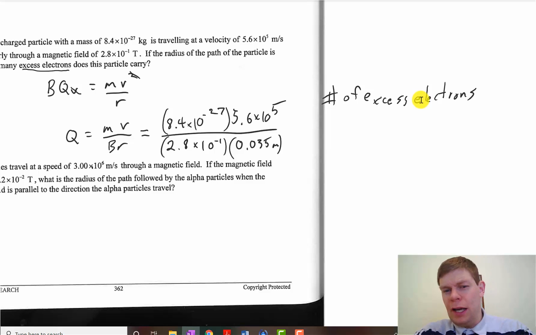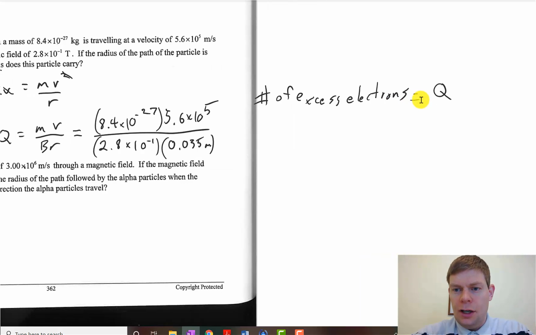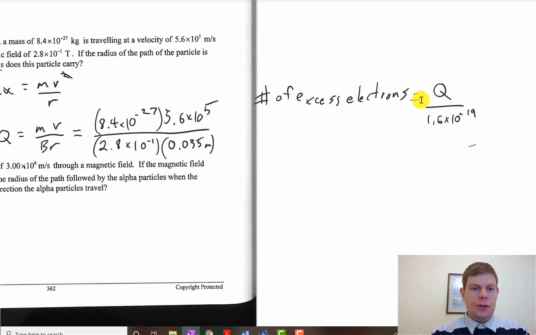So you might want to make it negative to be exact in this case. Anyway, your number of excess electrons is going to equal the charge you get out of that, divided by the elementary charge, which is 1.6 times 10 to the negative 19, or make it negative if you've made your charge negative. And then you're done. It's just this little extra step that's different.